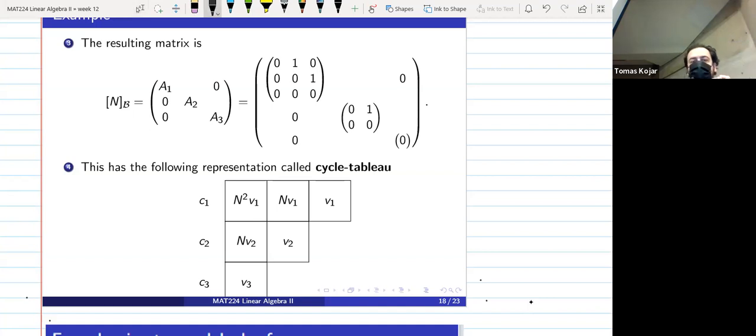You take your first cycle, the longest one, and put it on the first row. You take the second longest and put it on the second row, and then the smallest down there. That's what the cycle tableau is.